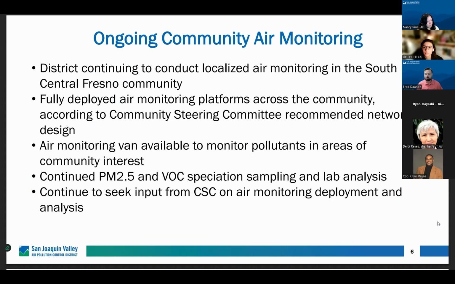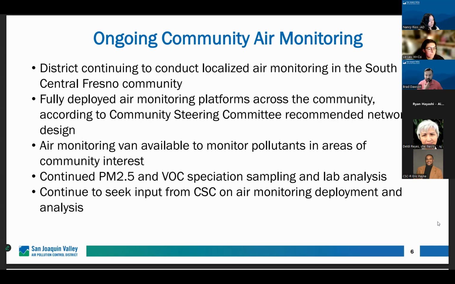Just to go over some of the things that we have been doing, we are continuing to conduct local air monitoring in the South Central Fresno community. We have fully deployed everything, as I mentioned before, based off of the Community Steering Committee's recommended network design. And we are going to be planning on pulling that van out into the community again in the upcoming weeks.